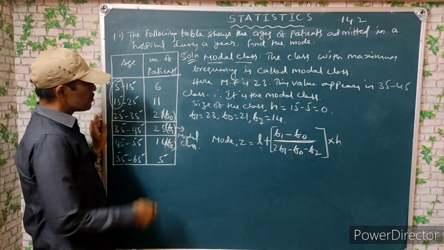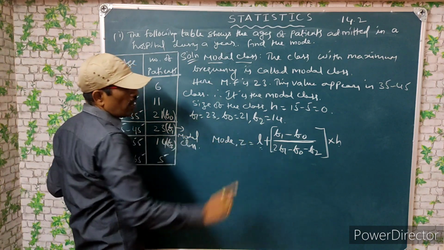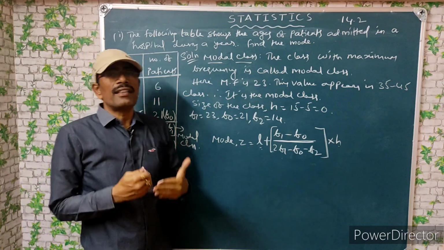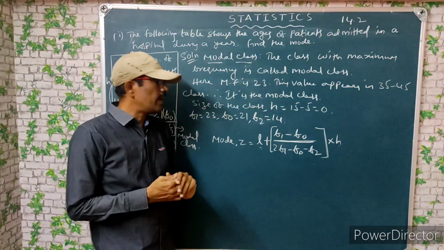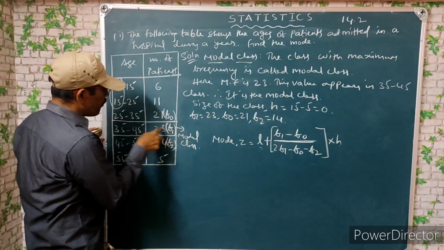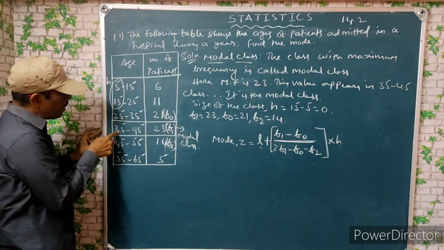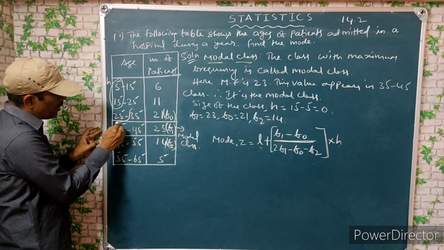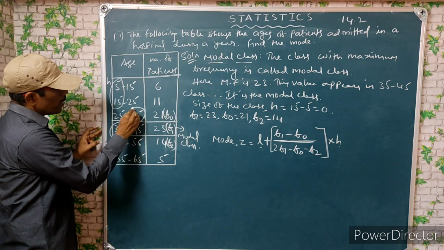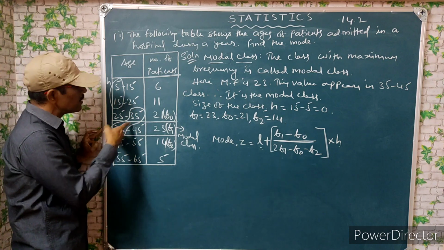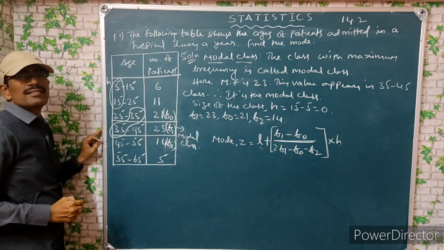Next we have to find the lower boundary of the modal class. How to find the lower boundary of the modal class? The lower boundary of the modal class is obtained by taking the average of the lower limit of the modal class and upper limit of the above class.